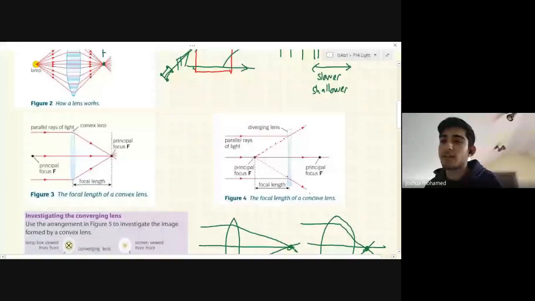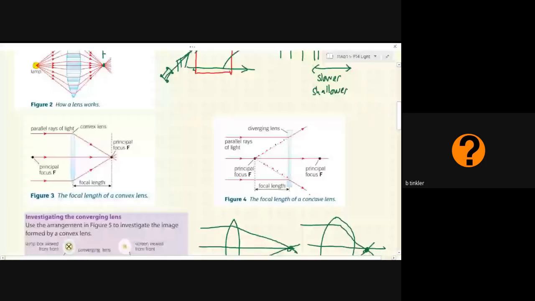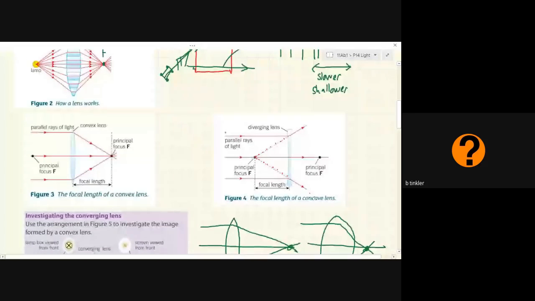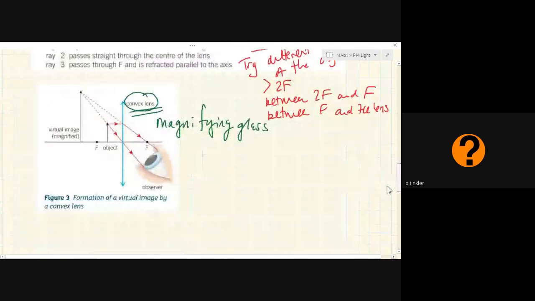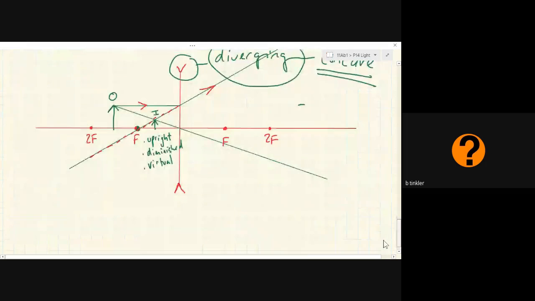Okay. So we know that this construction line, when we draw it to show where the image forms, is going to pass through the principal focus, but on the same side of the lens as where the object that you're looking at is. Okay, so that's what I've shown here.